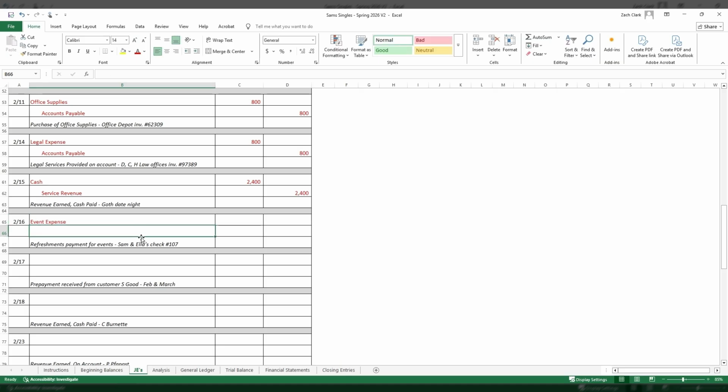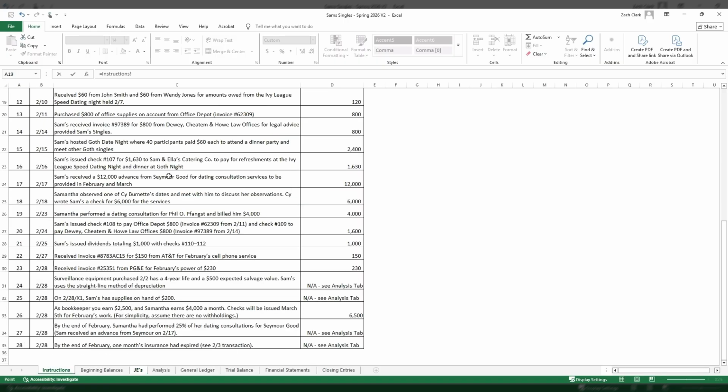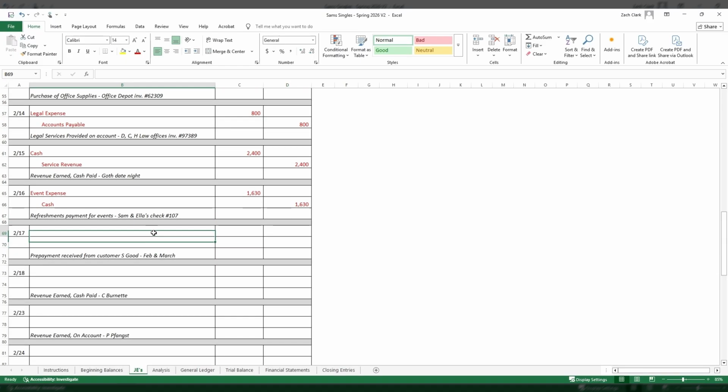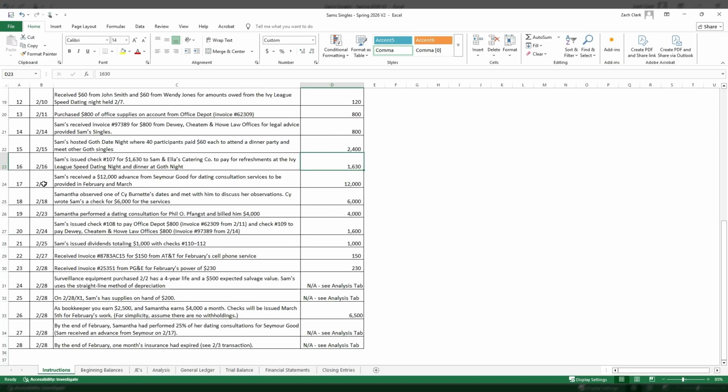And, you know, if you were the accountant of this business and decided, you know what, I'm going to use refreshments expense, maybe you have different accounts for these types of things, but for our purposes here, we're just going to use event expense because that was one of the expenses that was related to putting on this event. And it did say that we cut the check for this, so we're going to credit cash to reduce that. 216. And payment made.